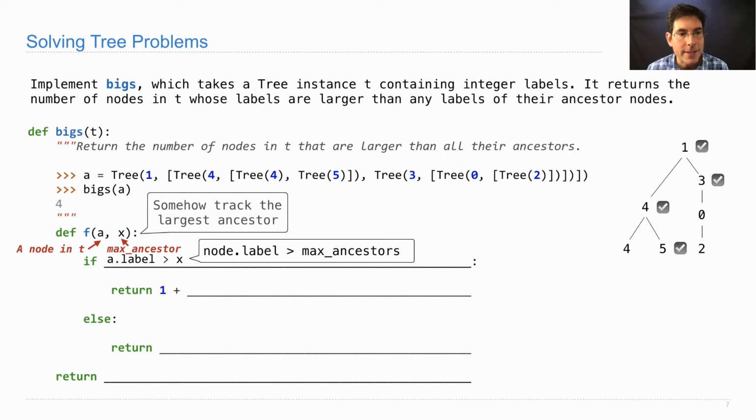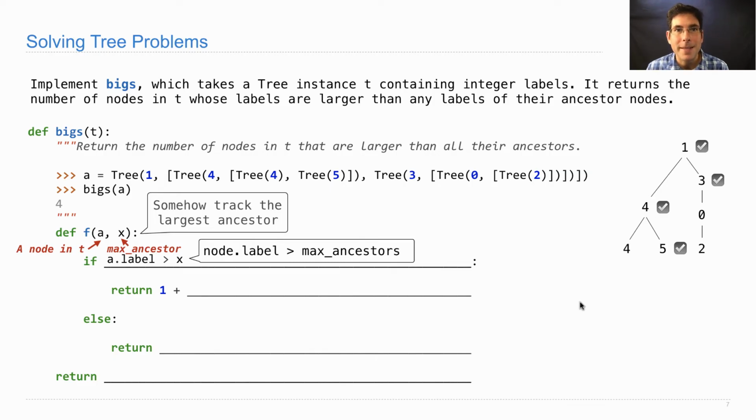This is a node in T, so some tree, and x is an integer representing the maximum label of any ancestor seen so far. If these abstract descriptions don't work for you, then write down an example. A is this subtree, 4, 4, 5, and max ancestor is 1, the largest ancestor of this subtree.